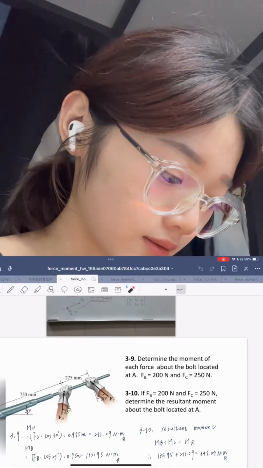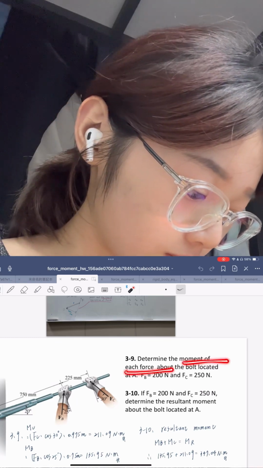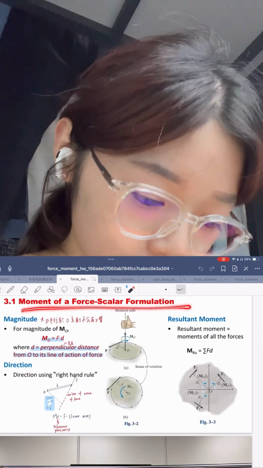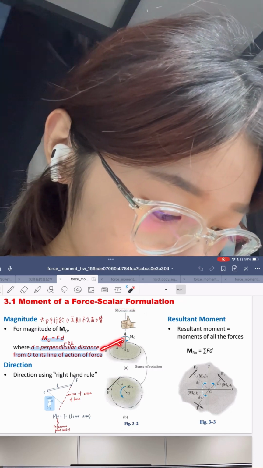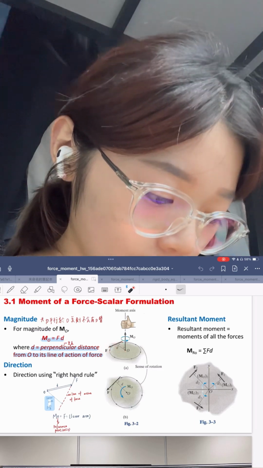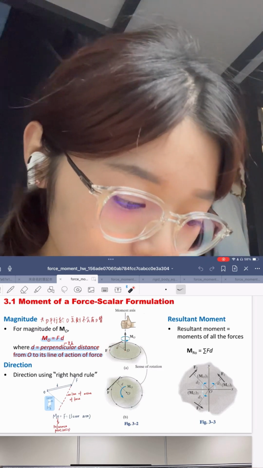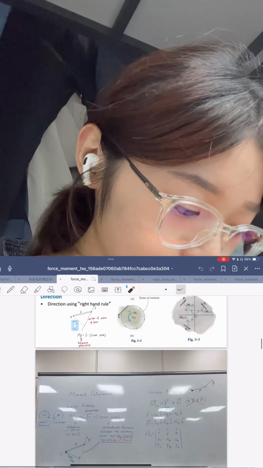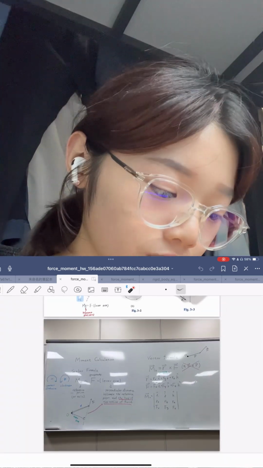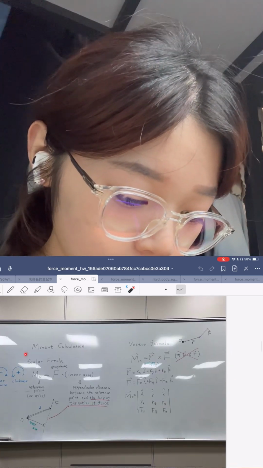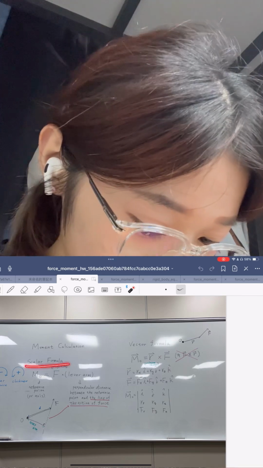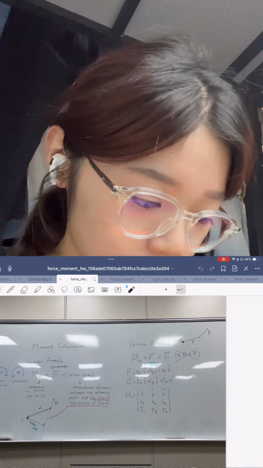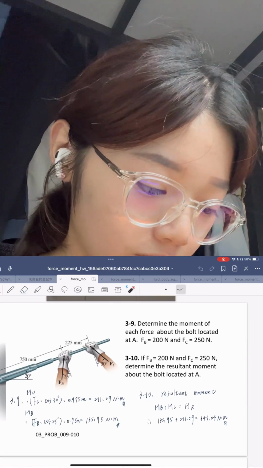And the question is express the moment of each force about the block located at A. And easy to talk about the moment of force for a scalar, and if the d is vertical with the force, and this is have the moment, yep, and it is certainly have to vertical with the force, but if your line didn't vertical with the force, you have to use this one, scalar formula with the r cross F, just like this with the teachers said about in the class, and we'll see with the questions.